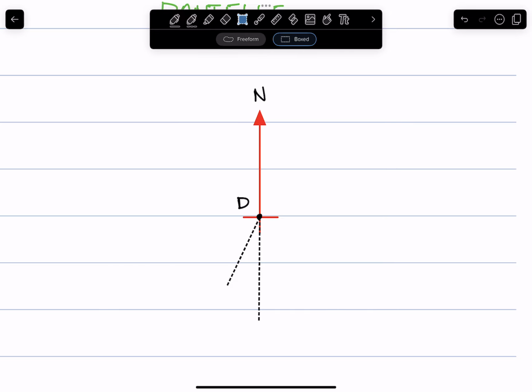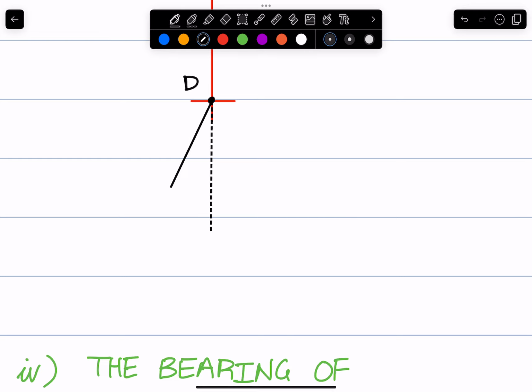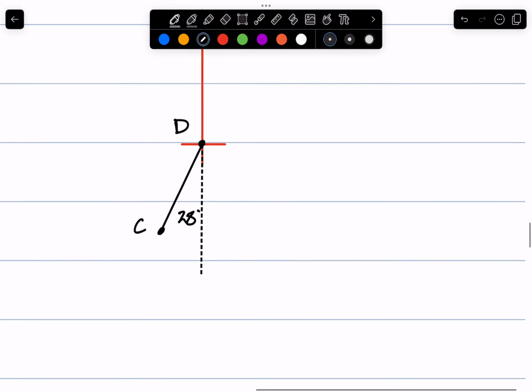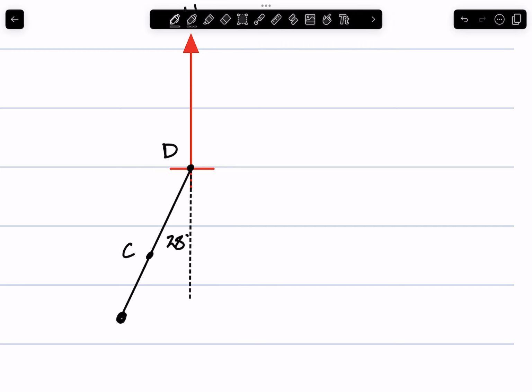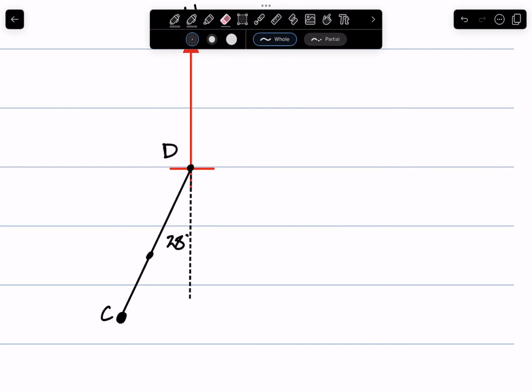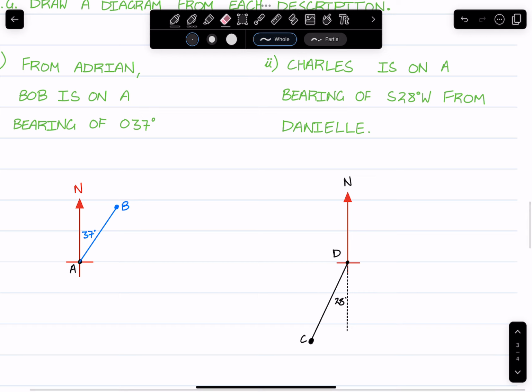It doesn't have to be exact. Charles is at the end of that vision there. So let's extend this a little bit further so that it's not so cramped. And Charles is there at the end of Danielle's vision. So that there is the diagram of this description.